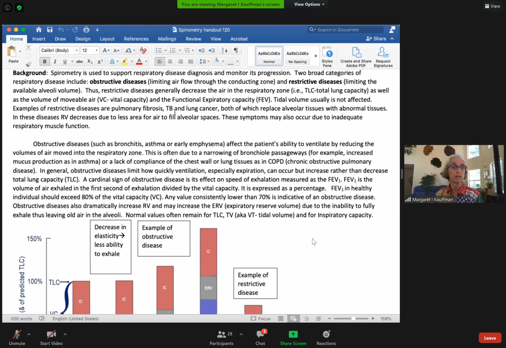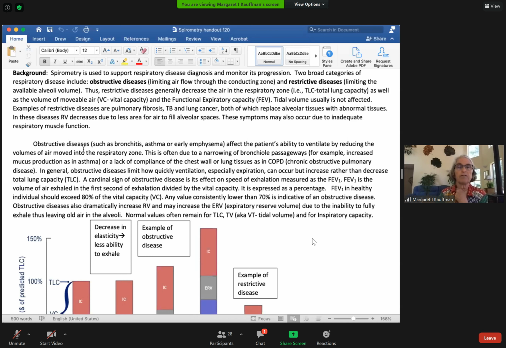If the organism is killed off, you still end up with those granulomas because they're scar tissue in your lung. Lung cancer, clearly the type 1 or type 2 cells become cancerous and the alveoli are replaced by tumor. So those would all decrease the total lung capacity.